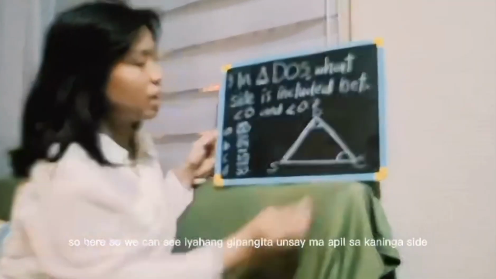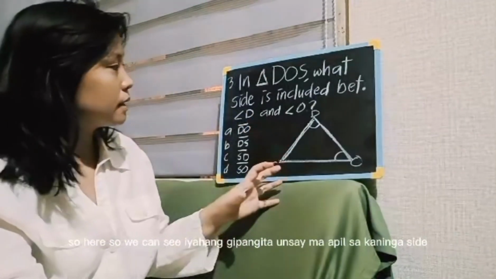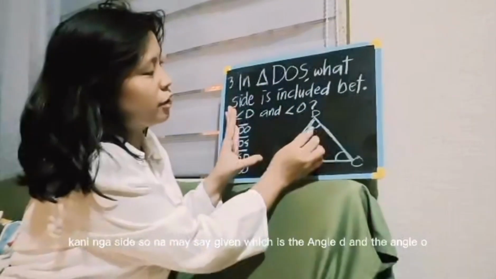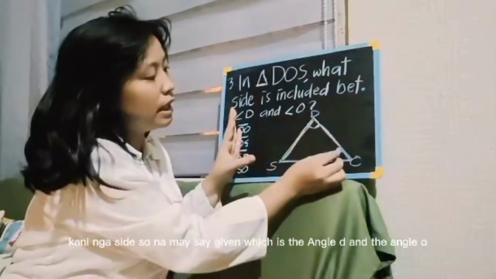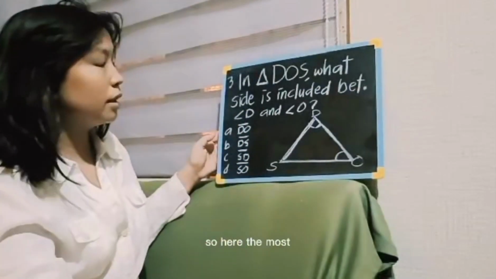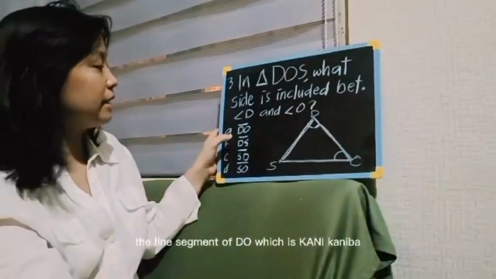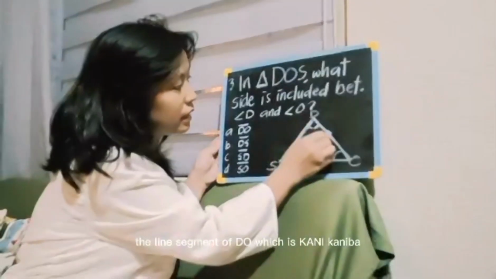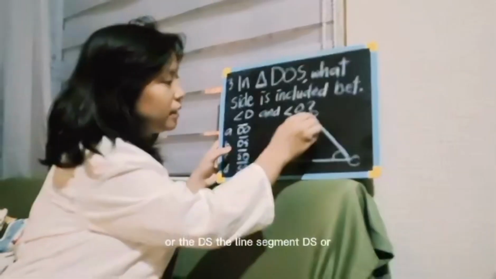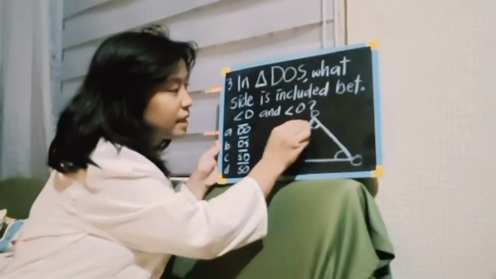We are looking for the side included between the given angle D and angle O. The possible answers are letter A, line segment DO, or line segment DS, or letter C.